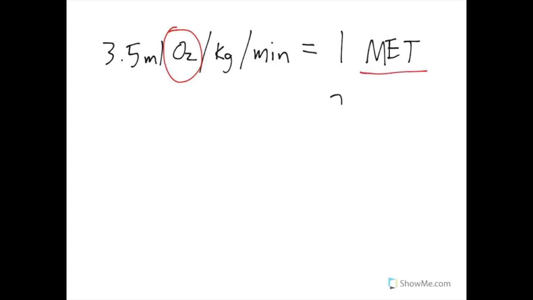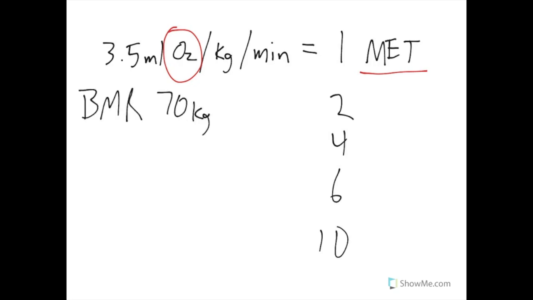So for example, we can go to 2 METs, 4 METs, 6 METs, etc., which is a much easier term to grasp. Now again, at rest, our basal metabolic rate, for example a 70 kilogram individual, translates into using about 0.3 liters of oxygen per minute.